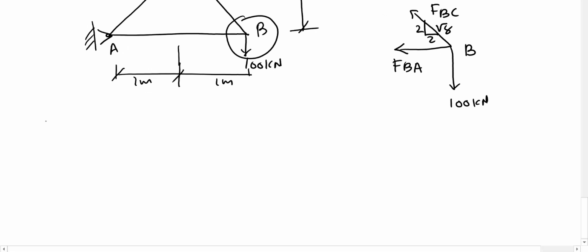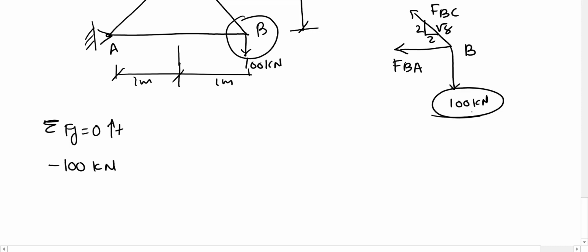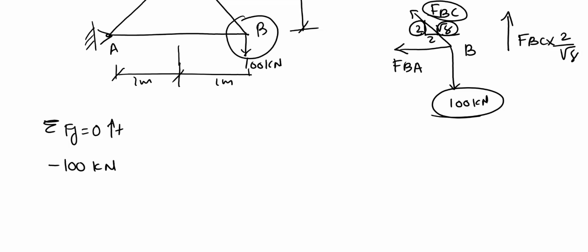Now for here, let's take the sum of the force in the y direction. Upward is positive. In this case, minus 100 kilonewton going down, and FBC needs to have a vertical component, which is FBC times 2 on square root 8. This is vertical 2 and diagonal square root 8. That is going up.